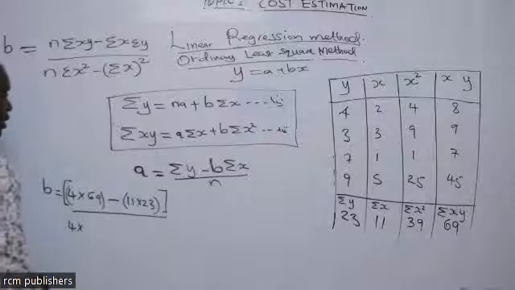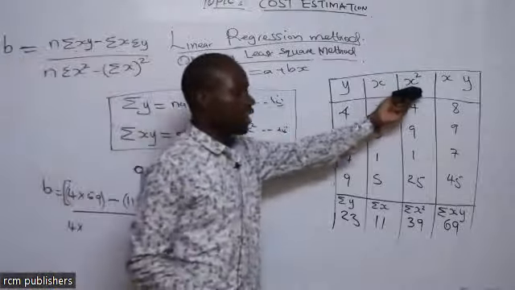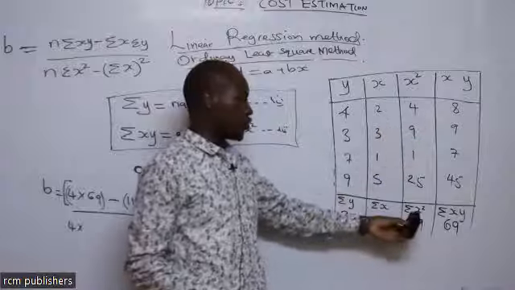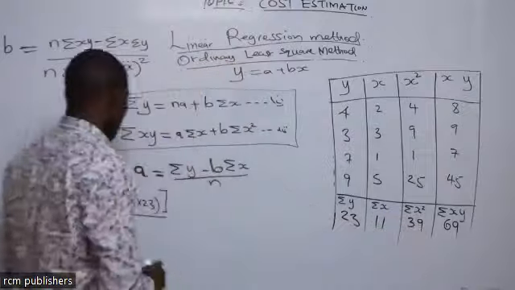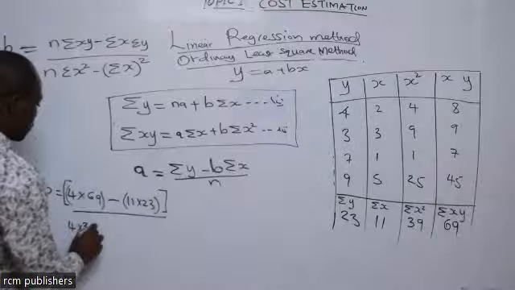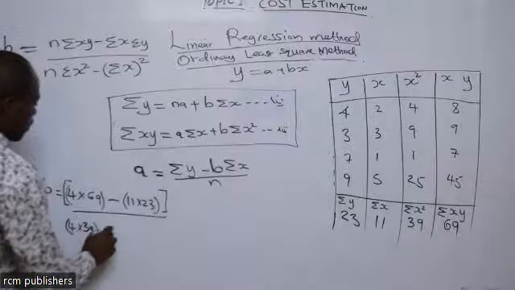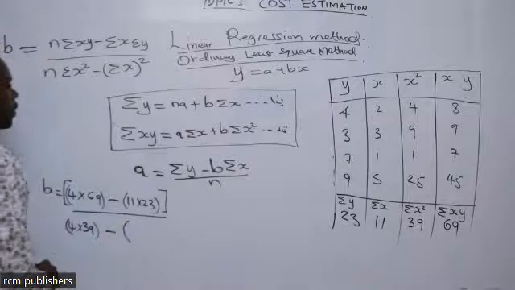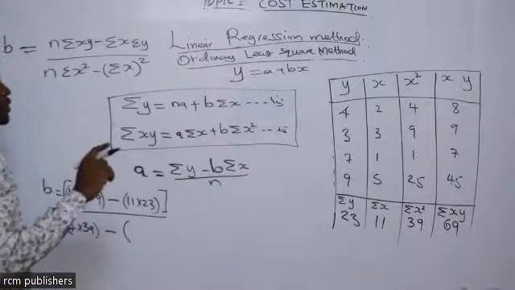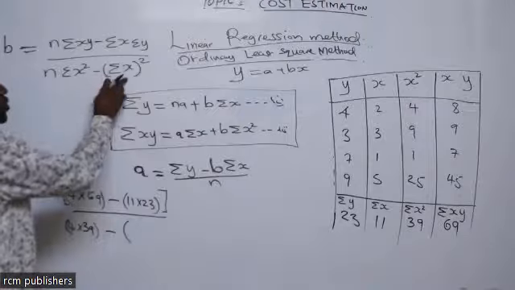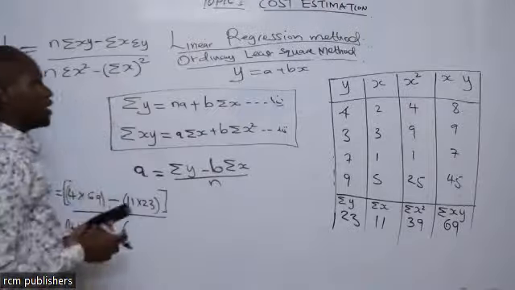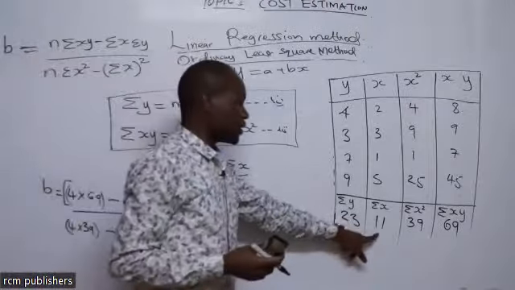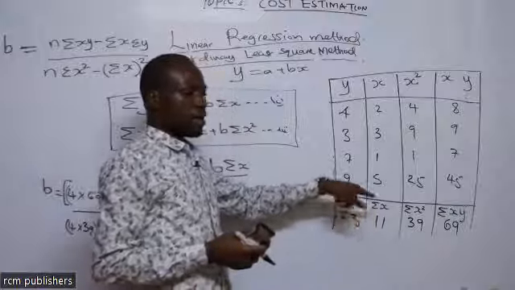of x squared. We now come to this column of x squared. The total is 39. We multiply by 4. Then minus summation of x, squared. They are taking this summation of x and squaring that particular value.